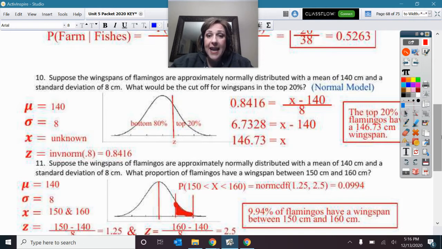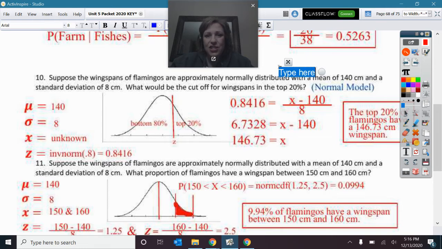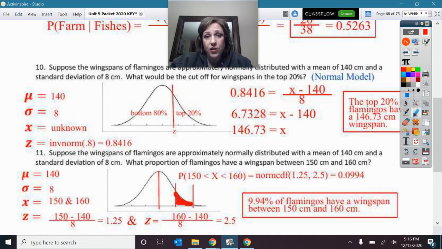All right. Now, here we had some, see, we're told it's approximately normally distributed. So that in itself kind of lent itself to, then I felt, normal model stuff that we're going to do. Make sure you put your items. And this is the key, the top 20%.